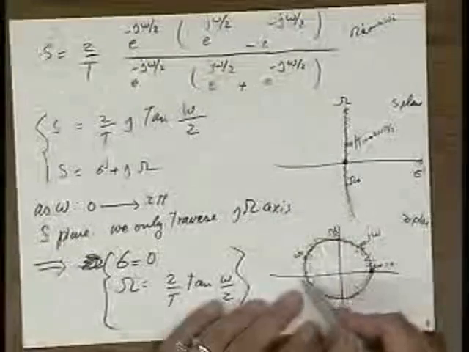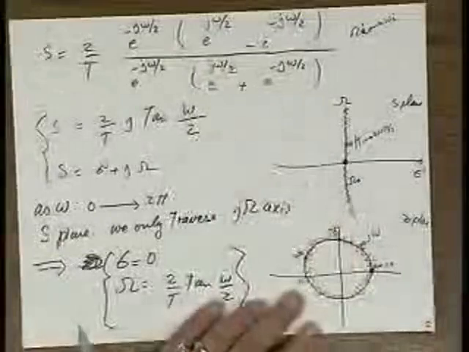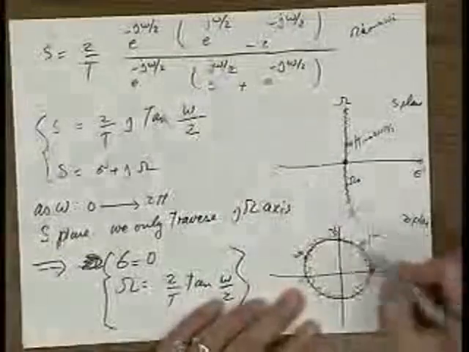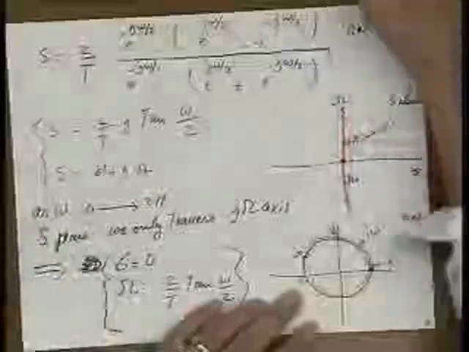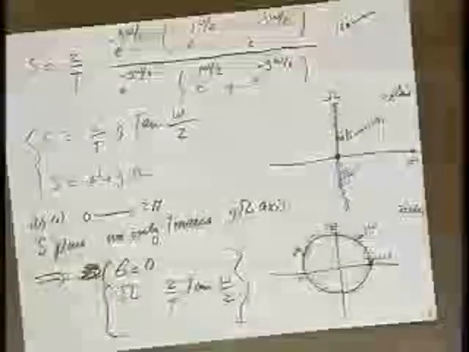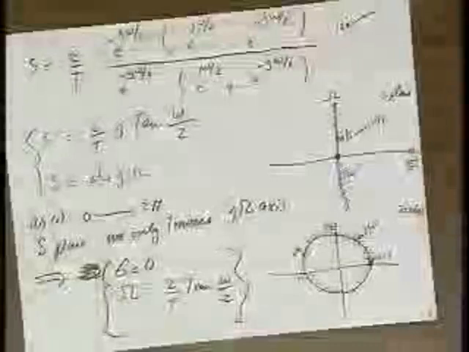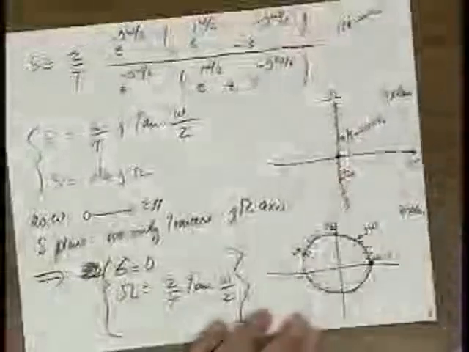As I get closer and closer to pi, what's tangent of pi over 2? Infinity. So as I get closer and closer to this, I go higher and higher up here, higher and higher and higher. This is it. That's why that's happening. This is the mapping. It gets stretched, if you will. And when I go this way, it gets stretched that way.